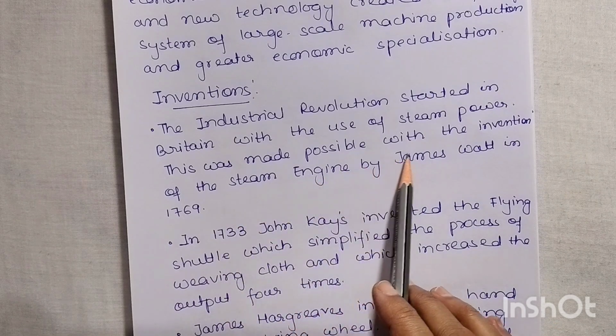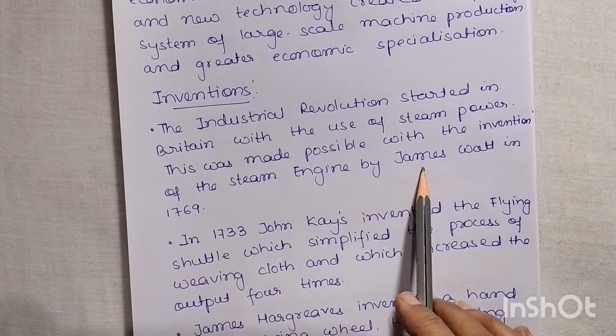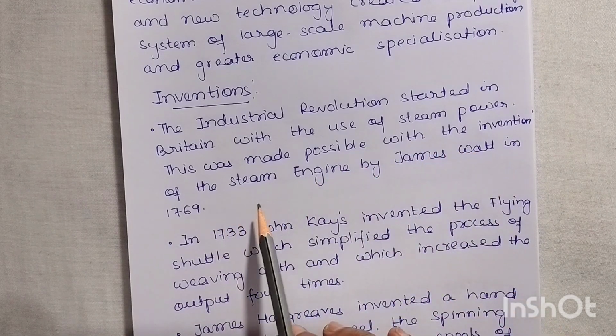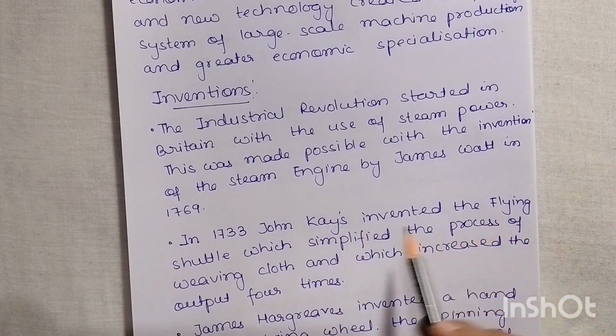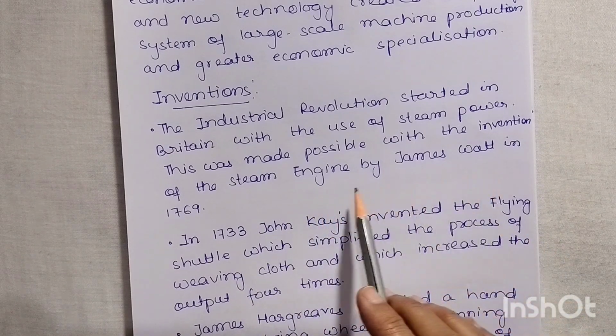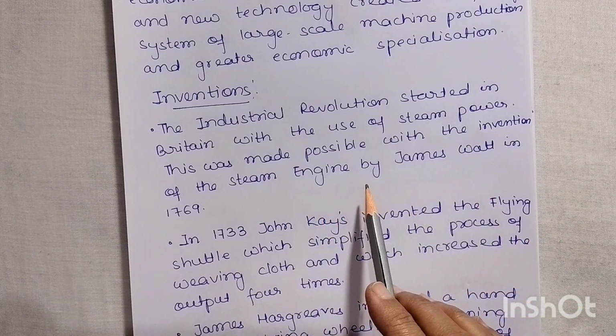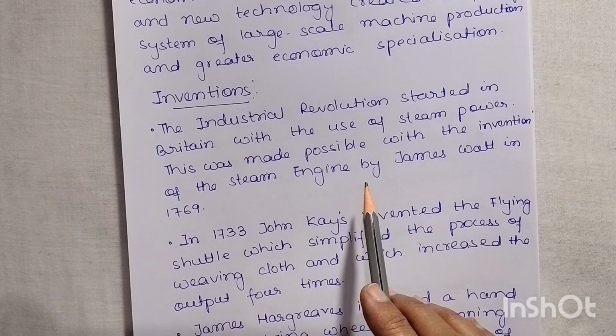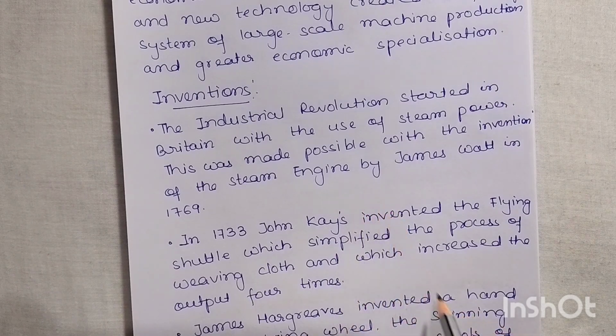This was made possible with the invention of the steam engine by James Watt in 1769. The invention of the steam engine made the industry run in a very good way, since steam engines are powered by steam and increase the ease of operating boats, ships, railways, factories, mines, etc.